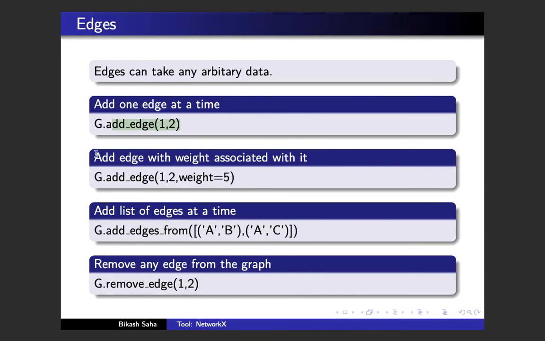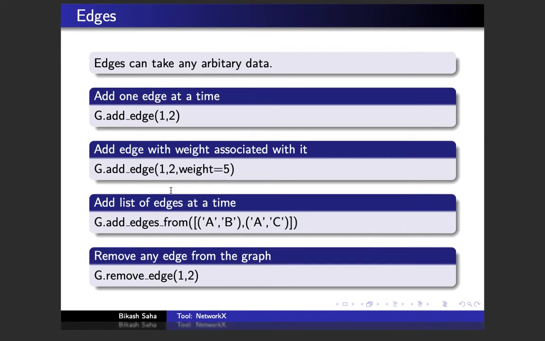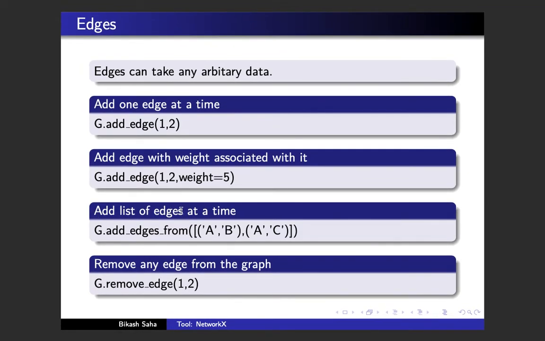We can also give a weight for the edge by simply writing weight equal to the weight associated with the edge. I'll show you this later in the hands-on practical part. We can also add a list of edges at a time.